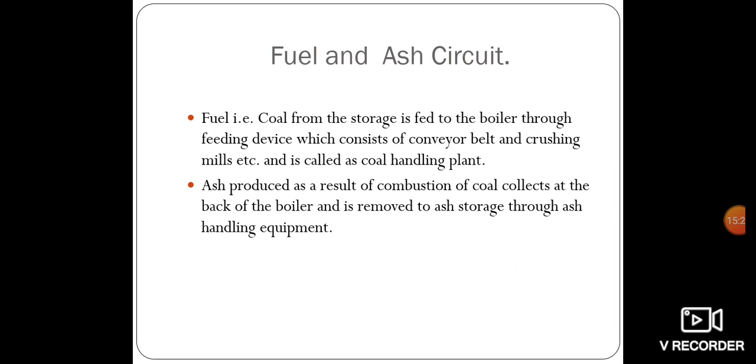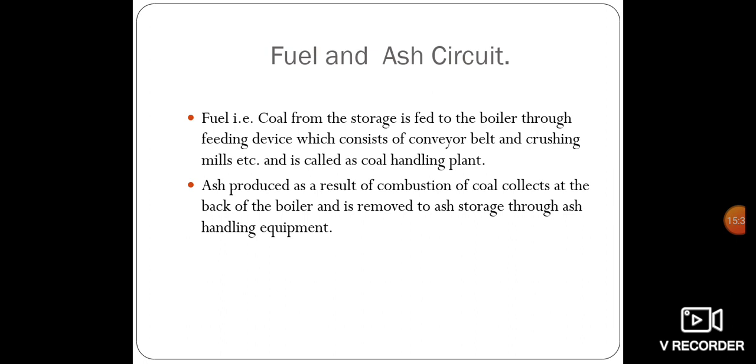The total system of storage of the coal and movement of the coal from the coal storage location to the boiler location is called the coal handling plant. The coal is transferred through a conveyor belt and crushing mills.